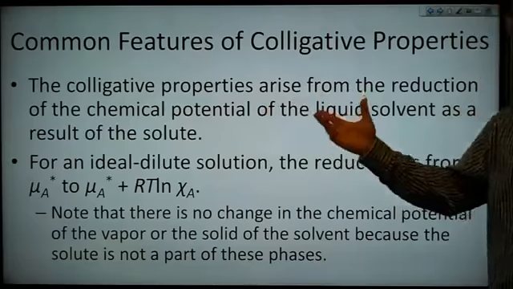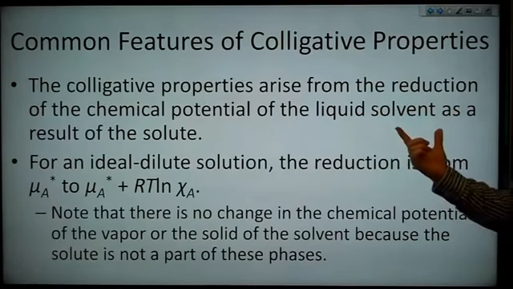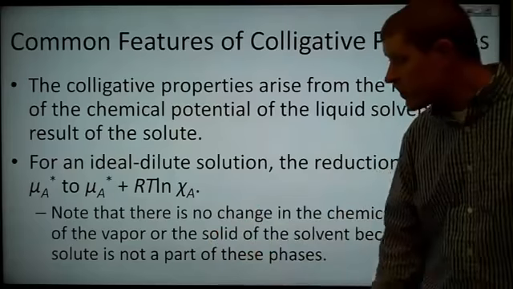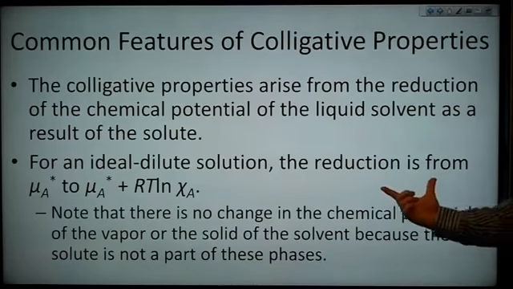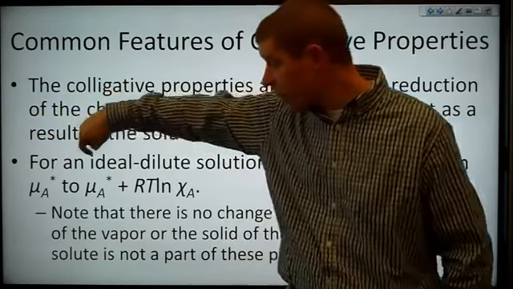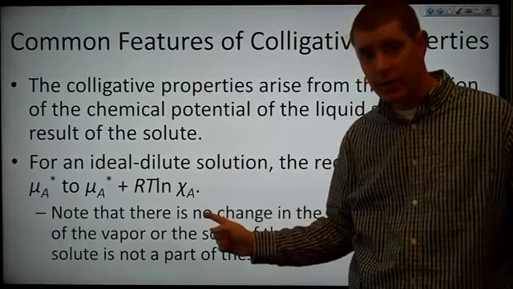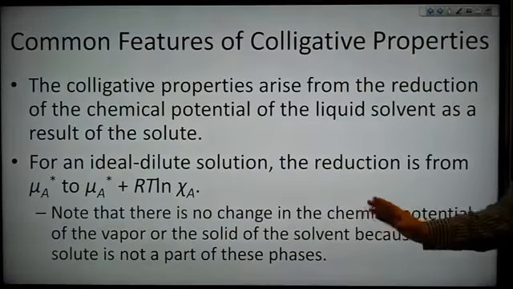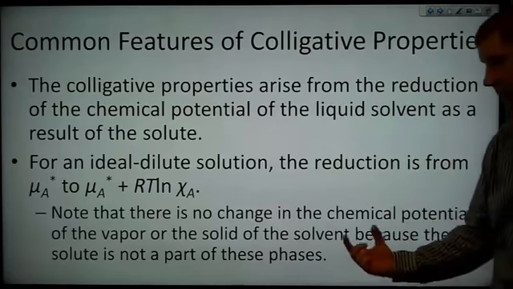The colligative properties arise from the reduction of the chemical potential of the liquid solvent as a result of adding the solute. For an ideal dilute solution, the reduction is from the chemical potential of A in its pure form to the chemical potential of A in its pure form plus R times T times the natural log of the mole fraction of A. Note that there is no change in the chemical potential of the vapor or of the solid solvent because the solute is not part of these phases.